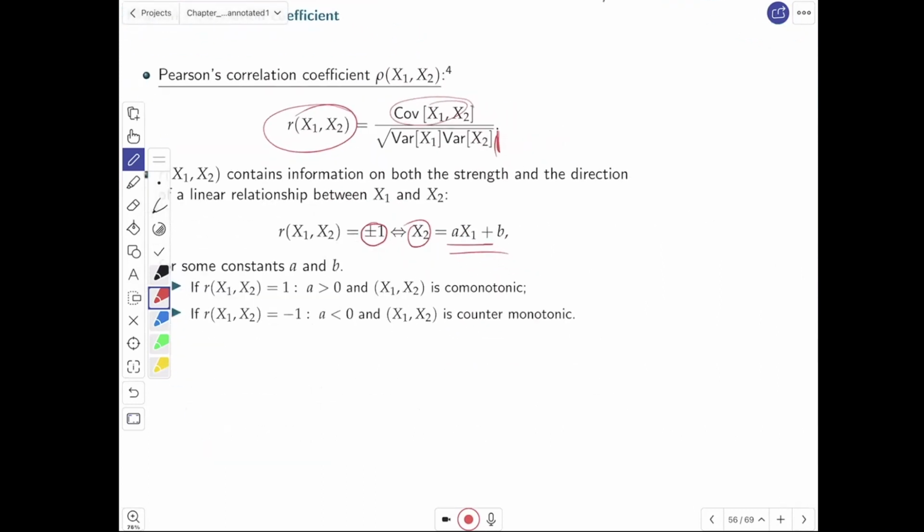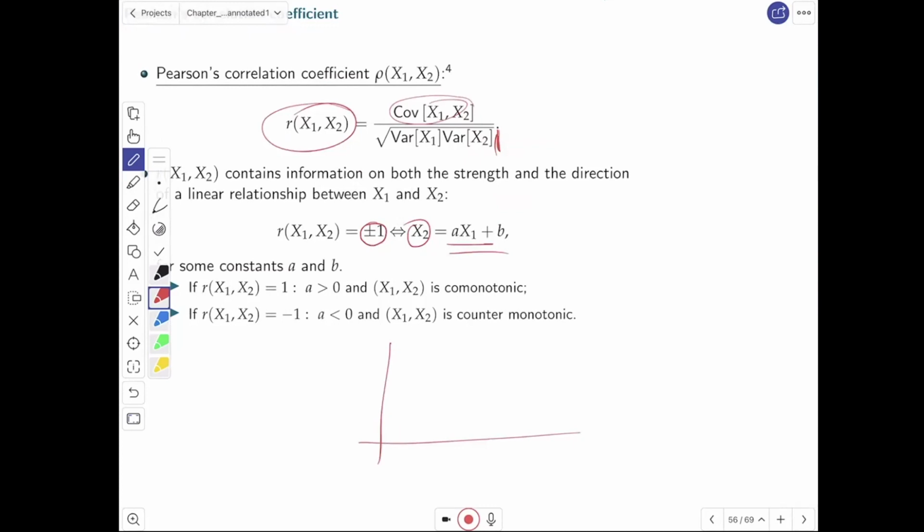Right? So that's what I already explained. Correlation equal to 1, this is rho x1, x2 equal to 1. This is correlation equal to minus 1, right?